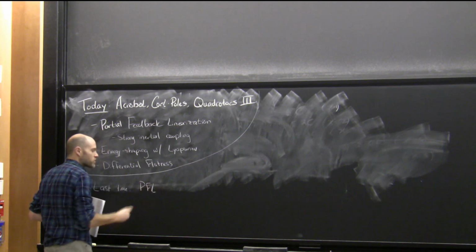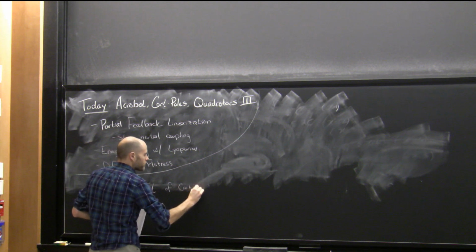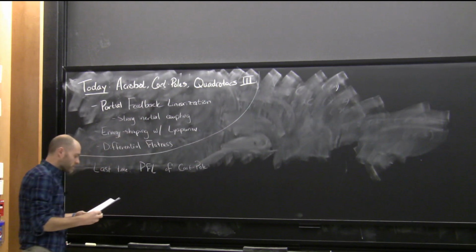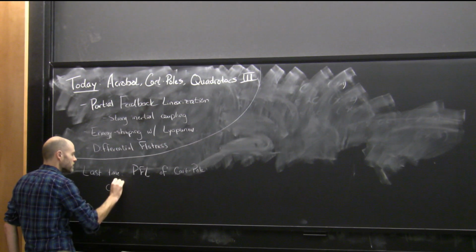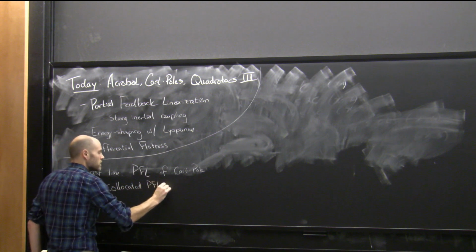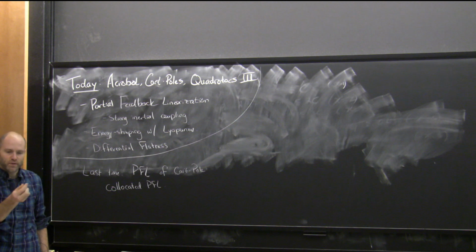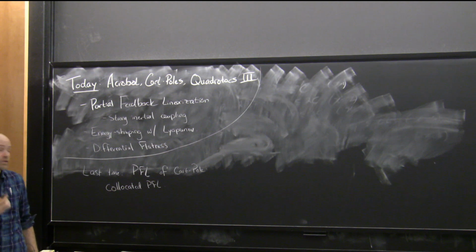We were just working on the partial feedback linearization of the cart pole. The first thing that we observed was this idea of co-located partial feedback linearization, which means wherever your motor is, if there's a degree of freedom with a motor attached, you'd like to be able to linearize that degree of freedom.